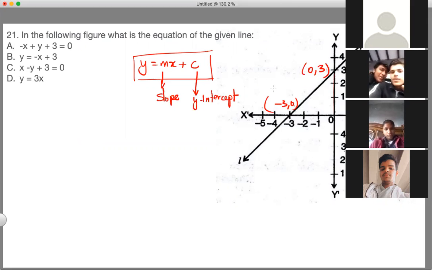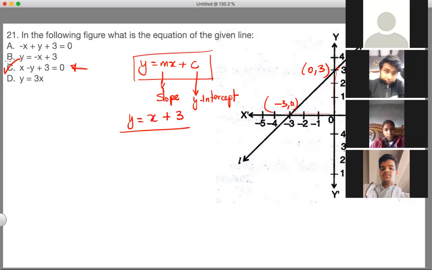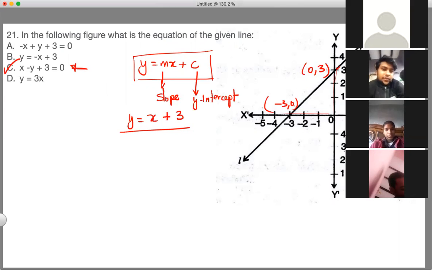Okay, so what is the slope? 3 by 3, 1 is the slope. So y is equal to x, and where does the y-axis get cut? At 3. So this is the equation of the line, which is option C. So C is the answer. Okay.